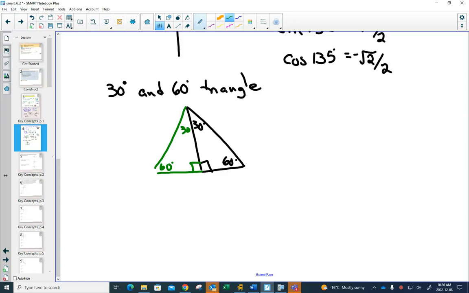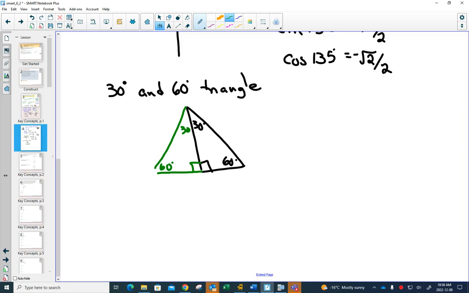Equilateral. So if the whole triangle is equilateral, that means all the sides are the same. You can pick any number. We could go 1, 1, and 1, or 5, 5, and 5, 7, 7, and 7. Doesn't matter which numbers you choose, all the sides would have to be the same.